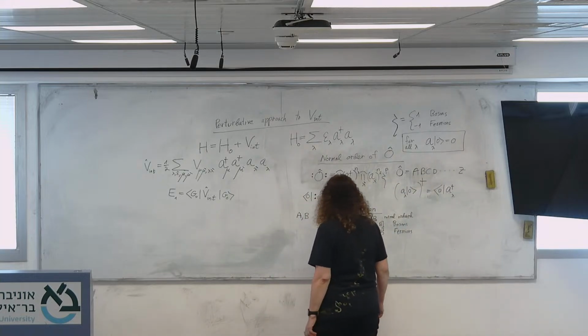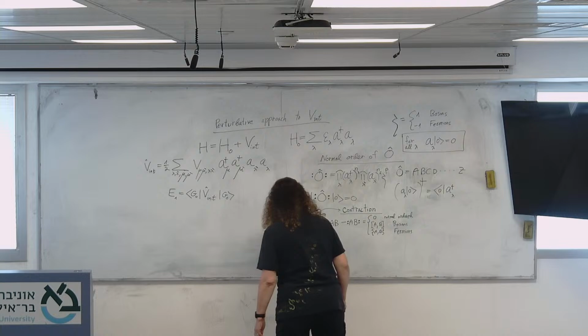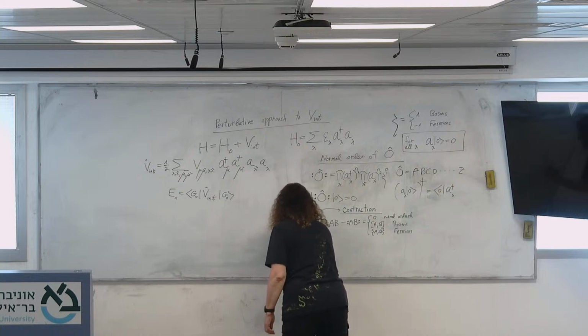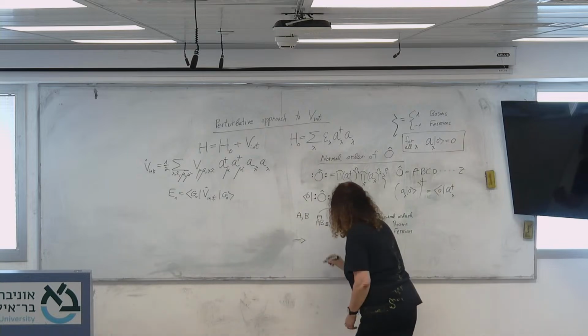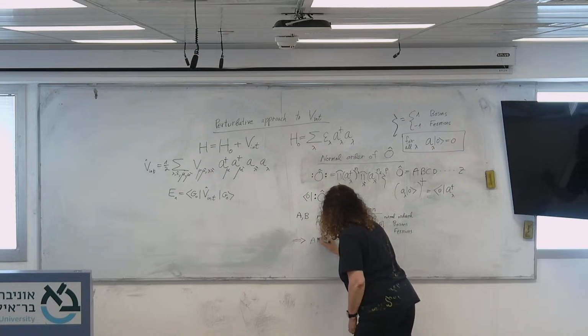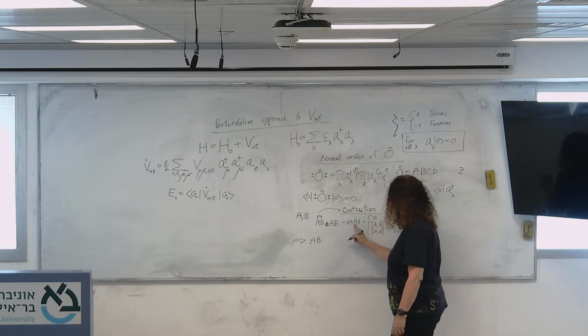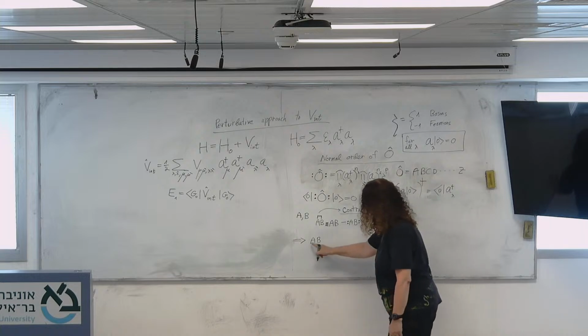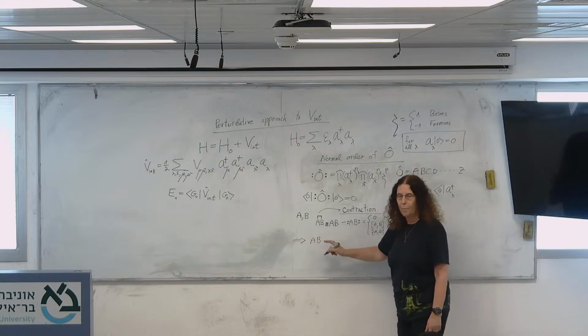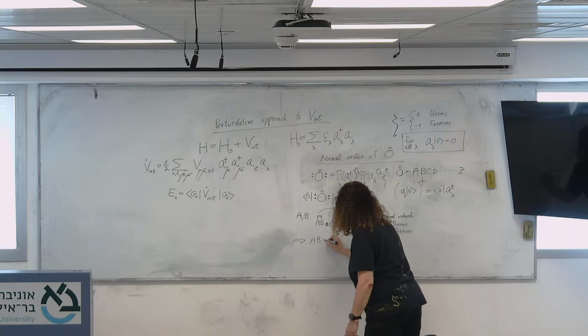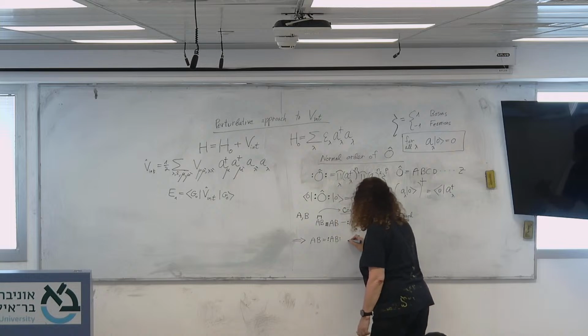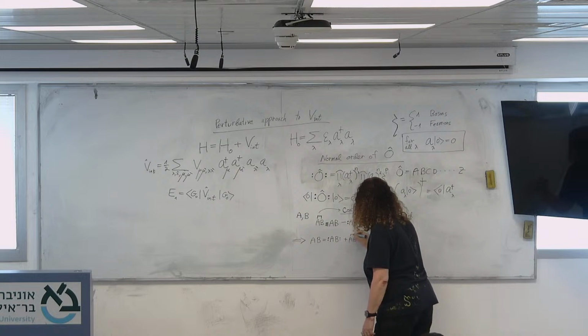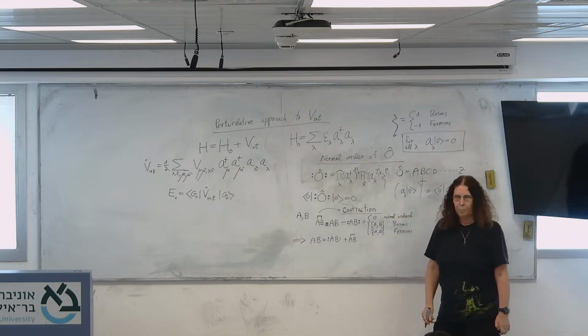Okay? Very good. Now, therefore, using this notation, I can just move the normal order to the other side and write the product AB, which is an operator, as the normal order of AB plus the contraction, which is the number.